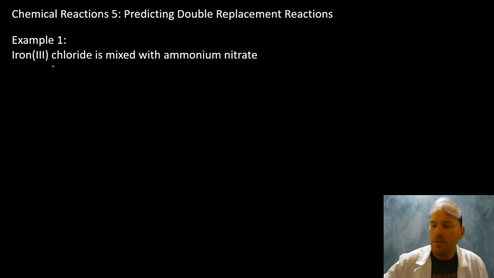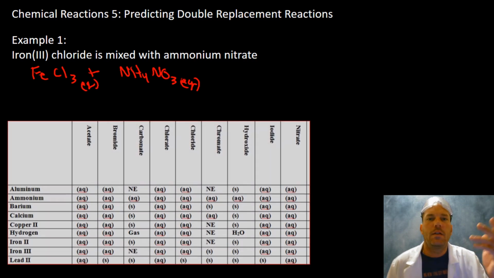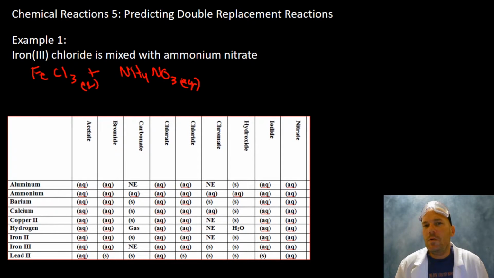We have iron 3 chloride. Iron 3 chloride is mixed with ammonium nitrate. Now it's up to you whether you want to use the solubility table or the solubility rules, but I really recommend you use both.